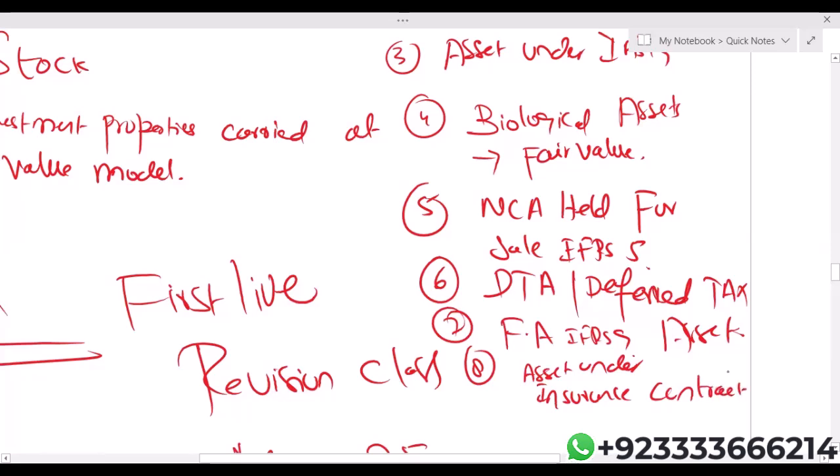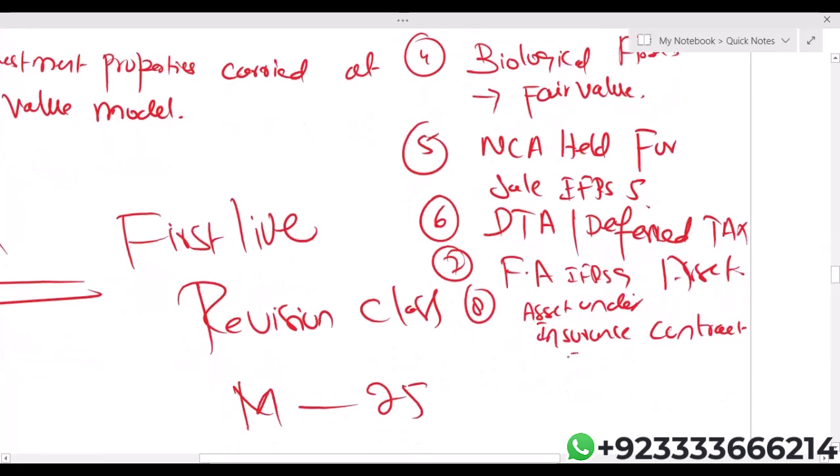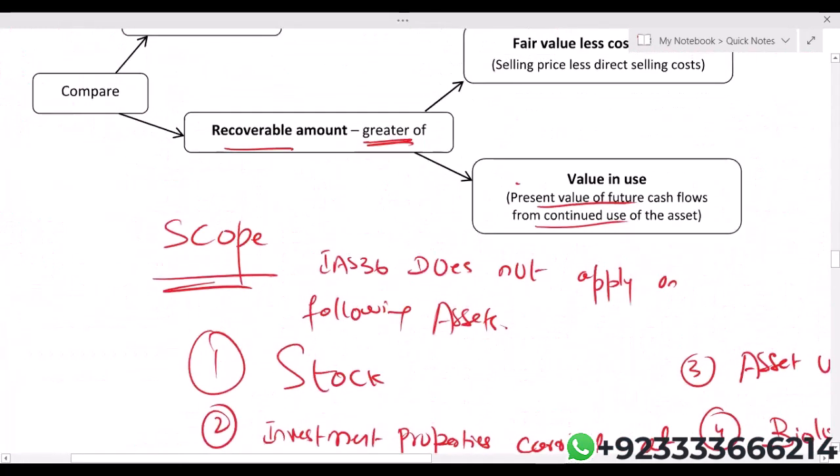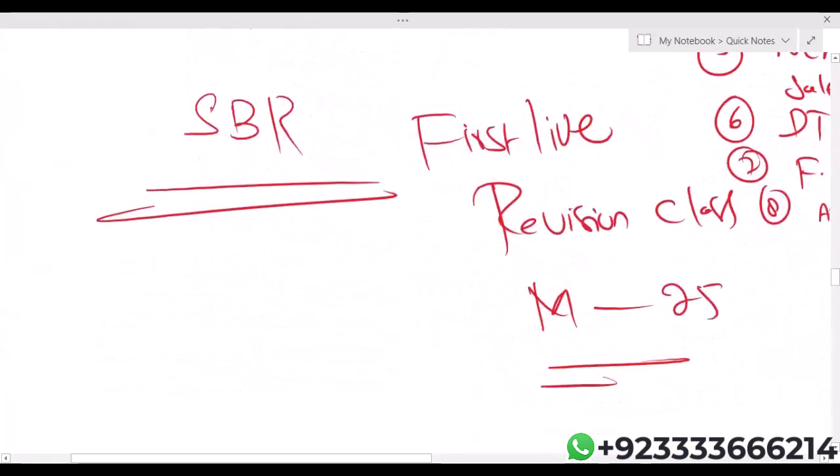On asset under insurance contract, IAS 36 is not applicable, but asset under insurance contract is not in SBR, so the last one itself is not a part of your syllabus. Okay, I've just discussed the scope, and this is the list on which IAS 36 is not applicable. Other than that, on all the assets, IAS 36 is applicable.